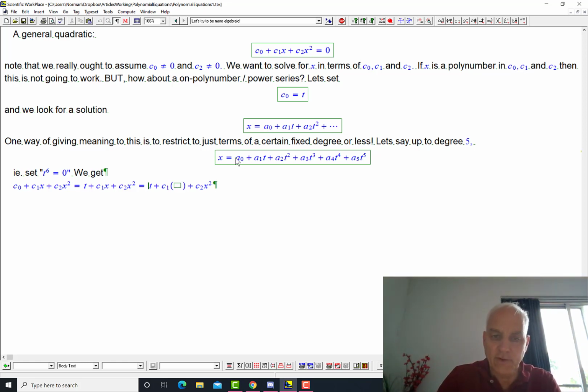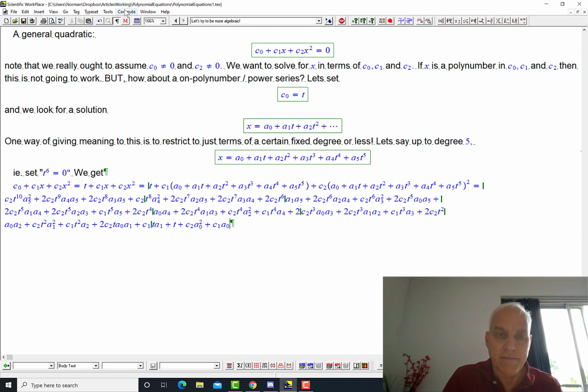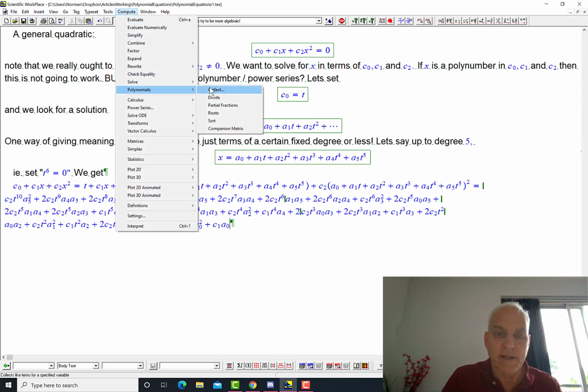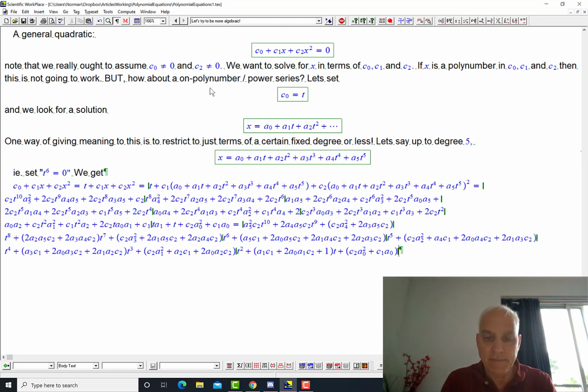What is x? X is this combination of powers of t. And similarly, this x is also going to be replaced with that particular combination. So now the whole thing is a polynomial in t of degree 10. Let's expand it out to see what it looks like, and to make it easier to understand, we're going to collect terms and organize it in terms of t. All right, there it is in decreasing powers of t, t to the 10, t to the 9, etc., down to this thing here.